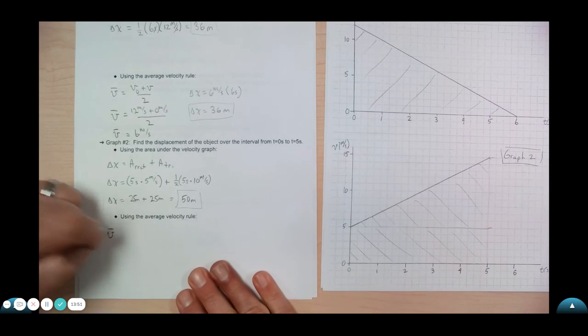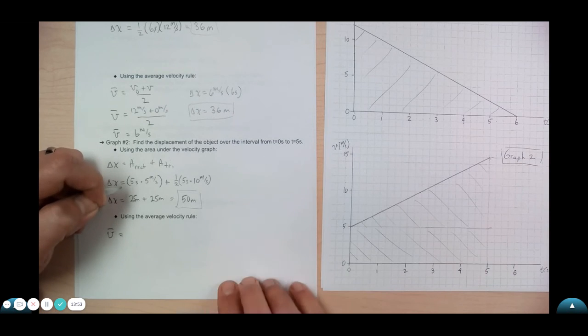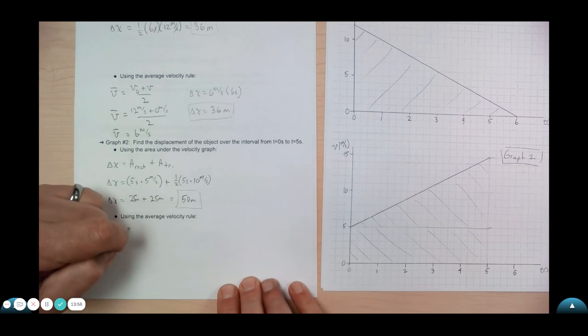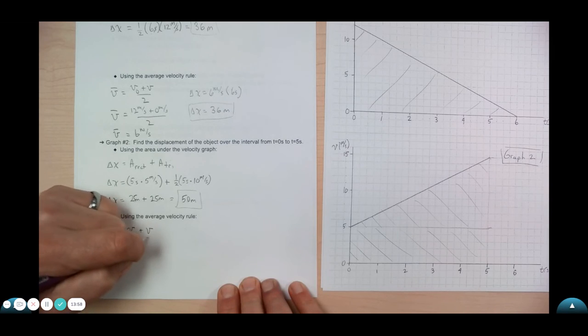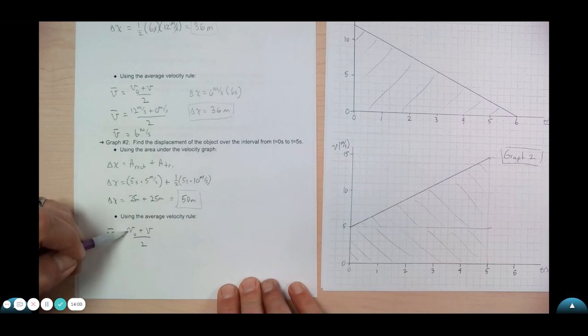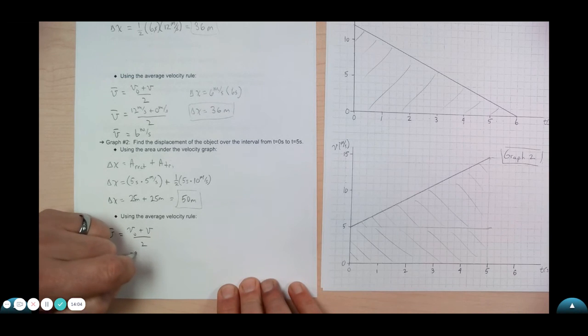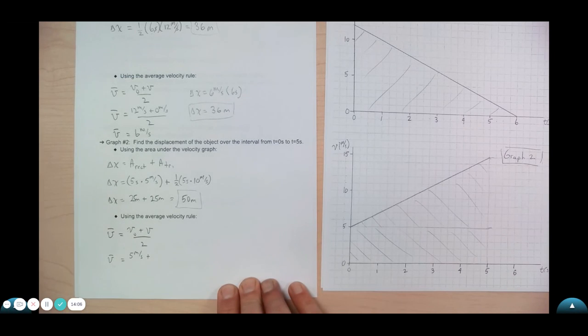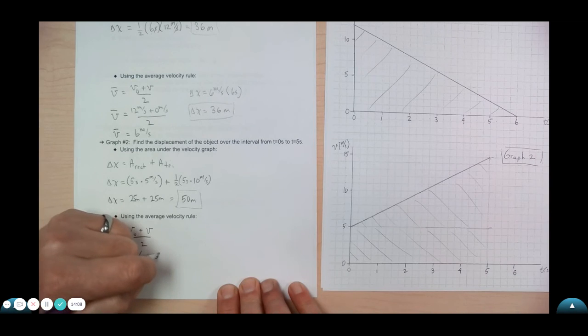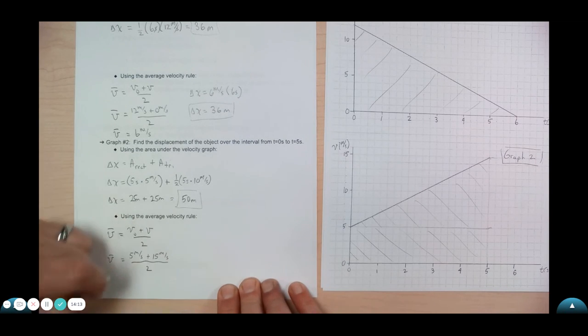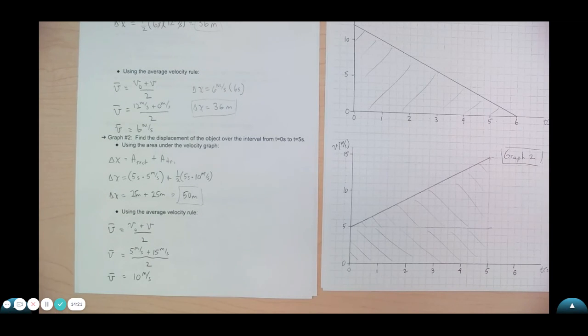Well, this thing's velocity on average, V bar, equals initial velocity plus final velocity over 2. Initial velocity was 5, final velocity was 15 meters per second. On average, this thing went 5 plus 15 is 20, divided by 2, 10 meters per second. Makes sense.